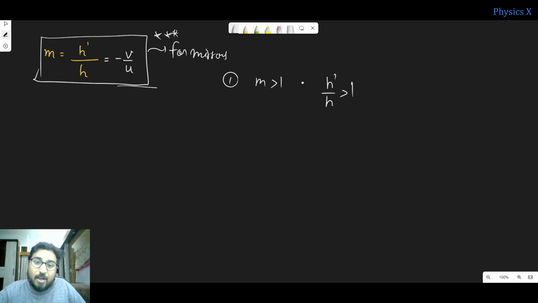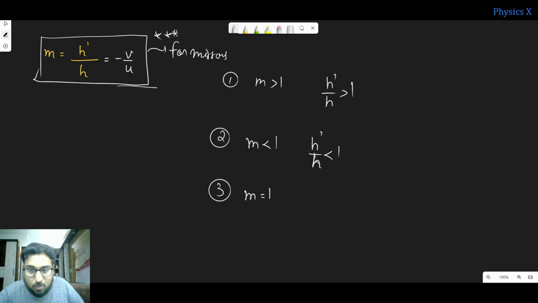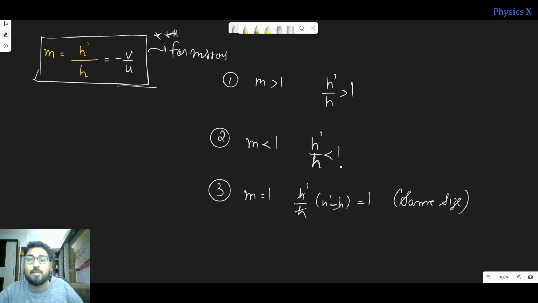In the second case, magnification is less than 1, that means h dash by h is less than 1. And in the third case, if m is equal to 1, what is the meaning? Then h dash will be equal to h only, so they will be cancelled and this will become 1. So the object and image have the same size. These three cases you must know.